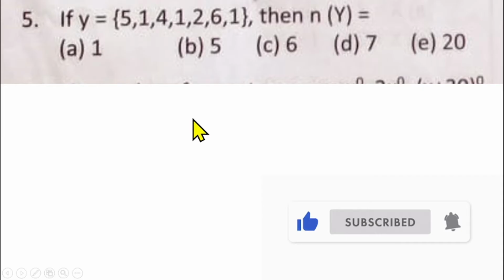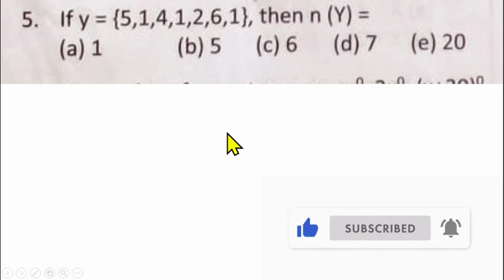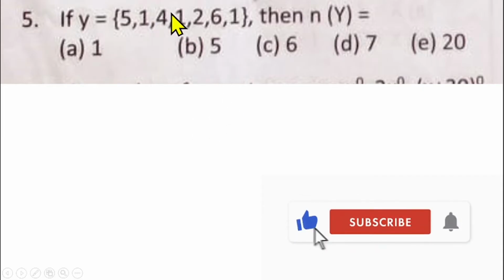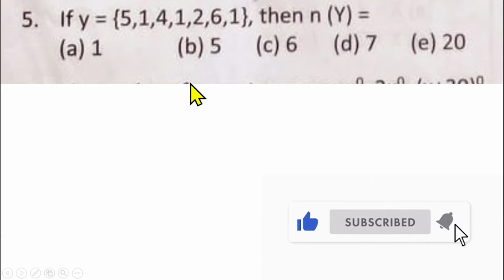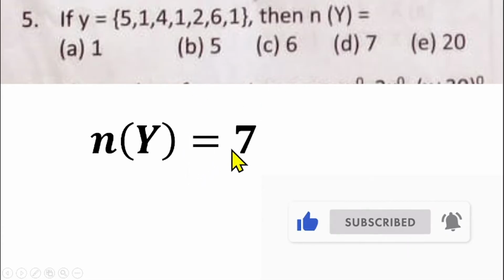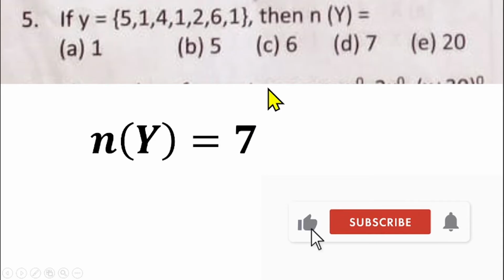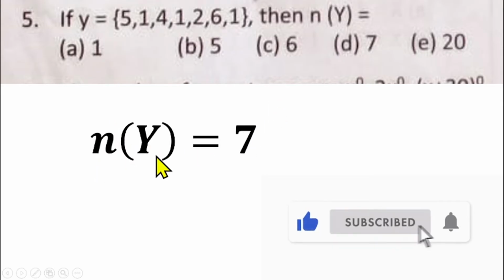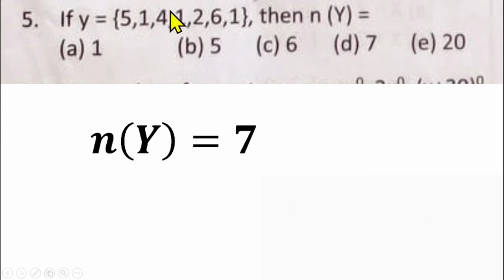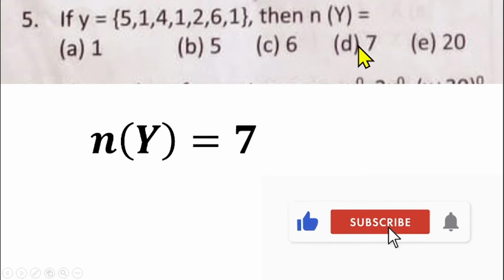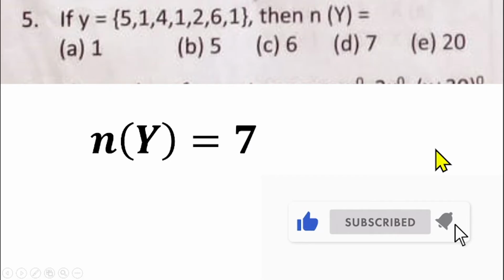It means that we have to find the number of elements in that particular set. So count the number of elements in this set. We discover that we have 7 elements in set y. So the cardinality of set y will be 7. That makes option D the right answer for question number 5.